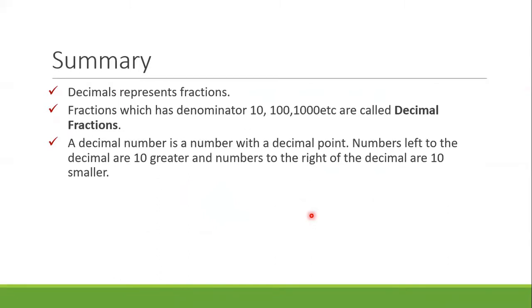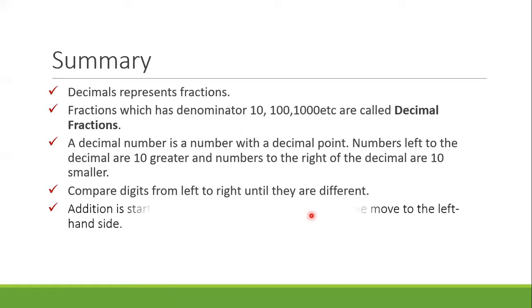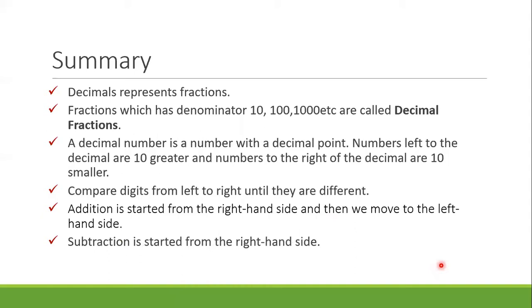Numbers to the left of the decimal are 10 times greater, and numbers to the right of the decimal are 10 times smaller. Compare digits from left to right until they are different. Addition is started from the right hand side, and then we move to the left hand side. And subtraction is started from the right hand side.